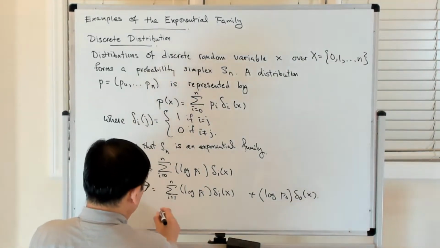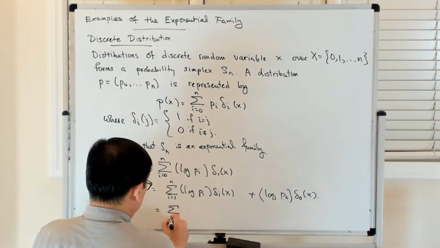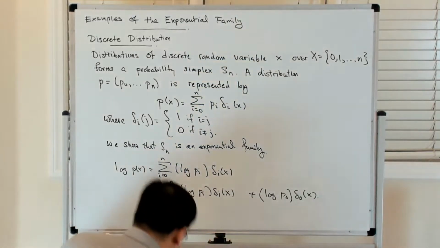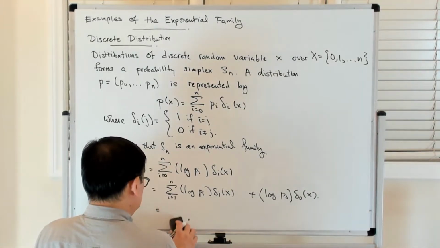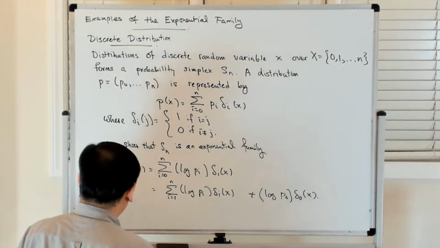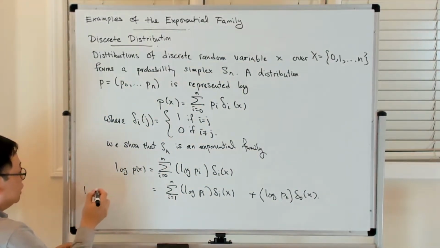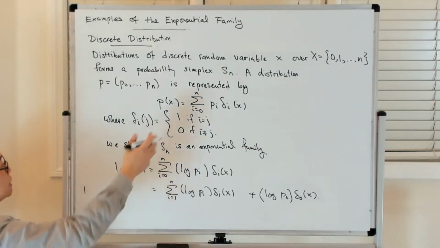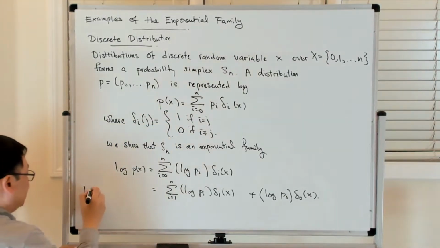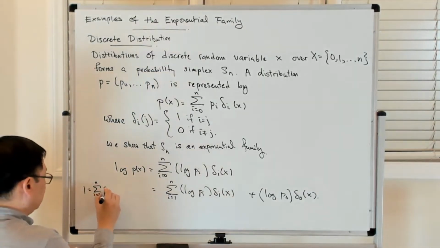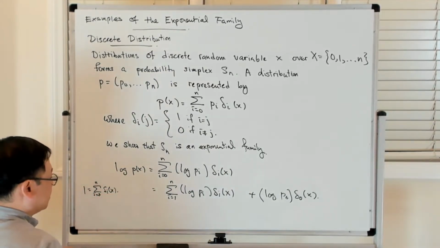And the net effect of doing that is to give me the following. Let me do this in a clearer way. You know that a function which is 1 for all possible values 0 all the way up to n, I can write as the sum from i equals 0 to n of delta i of x.